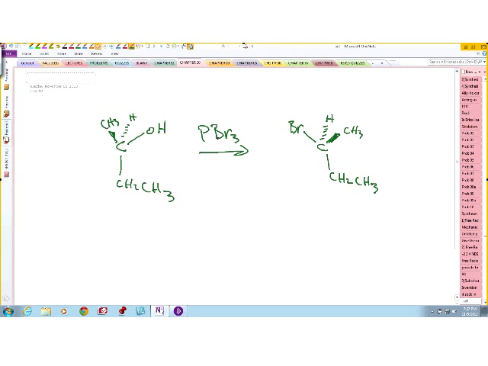That would be the product I expect, because this reagent also proceeds with inversion of configuration.